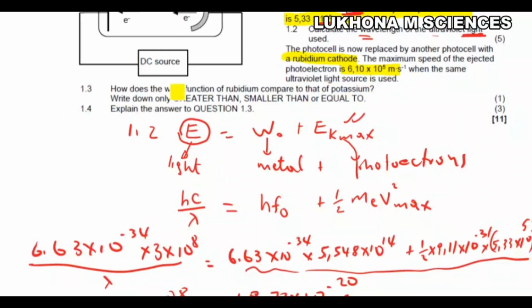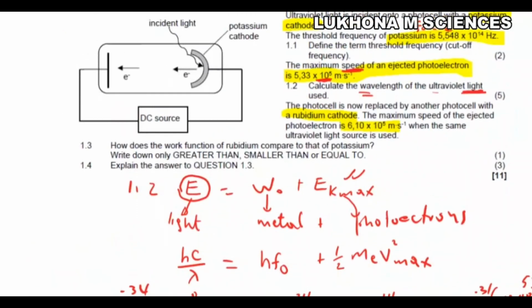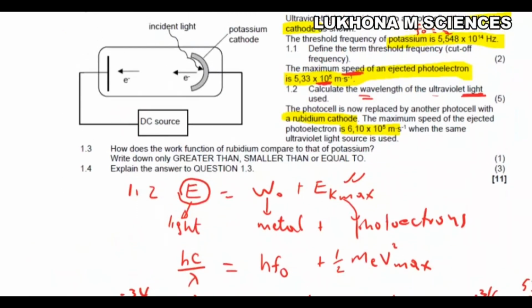How does the work function of rubidium compare to that of potassium? Now let's compare the speed first. If you look here, the speed was 5.33. The speed now increased to 6.10 times 10 to the power 5.